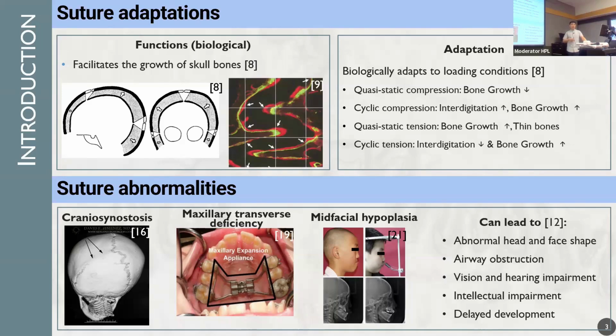It doesn't really consider how many interdigitations there are or how big an amplitude they have, but it's just the ratio between the path length and the linear distance between the ends, and it's quite a standard way to define the complexity of the sutures.